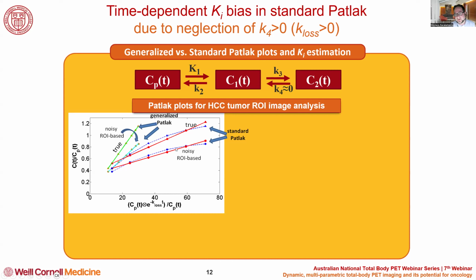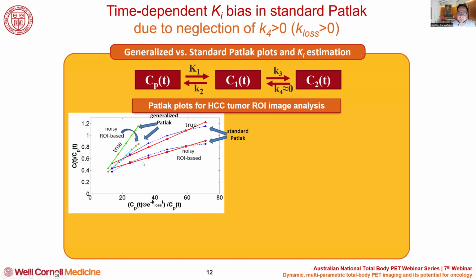So you can see that if we try to fit that curve, the slope will be underestimated because it's not linear. However, if we apply the generalized Patlak model, then this curve is corrected. We get linear data, and then our slopes are coming closer to the true data.